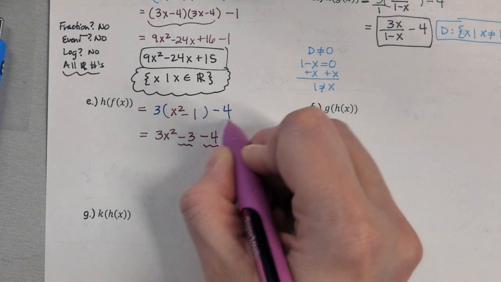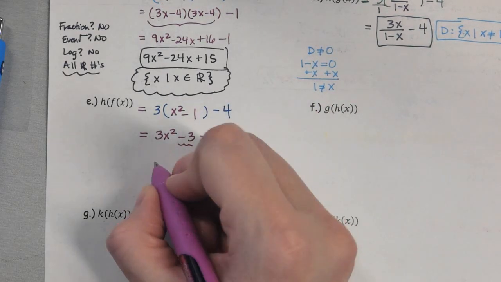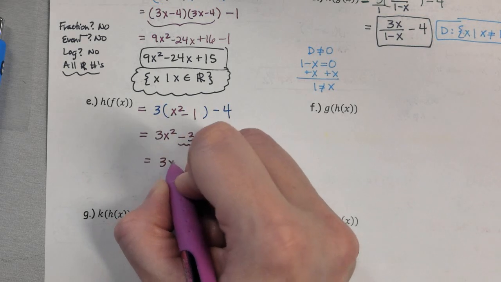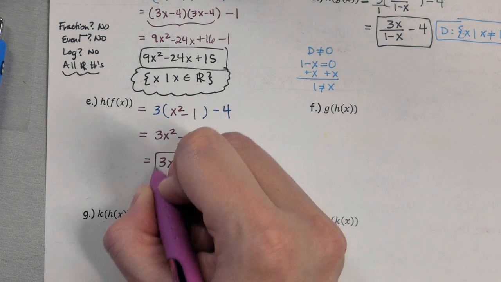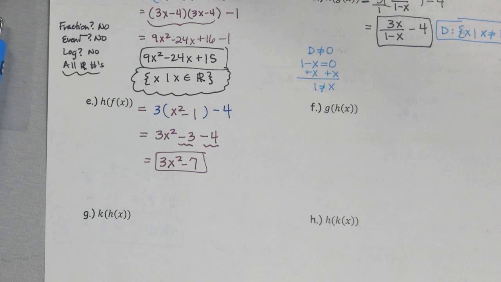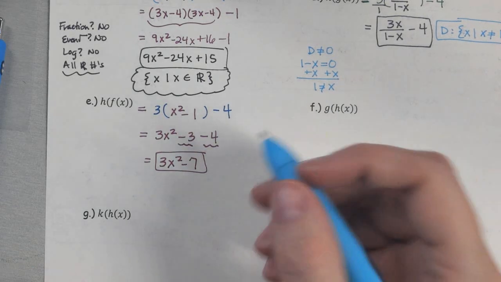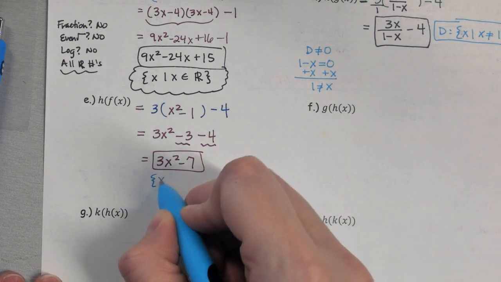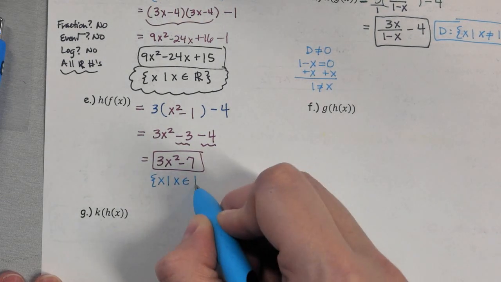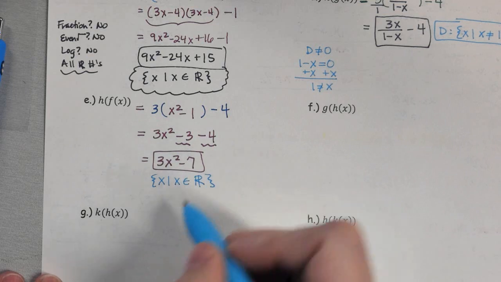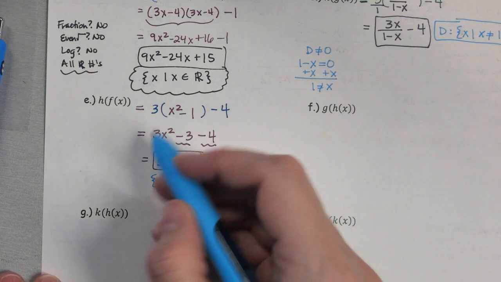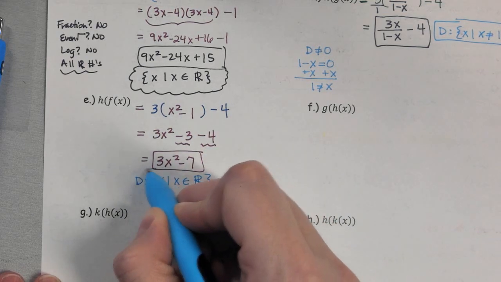Do not distribute to something that's outside of the parentheses. And then once you go through your checklist, if there's no fraction, no root, no log, it'll be all real numbers. Yay. And that's your domain.